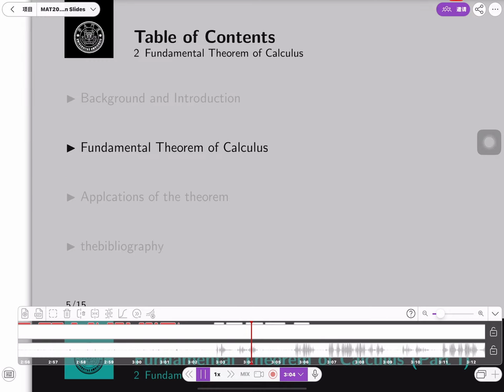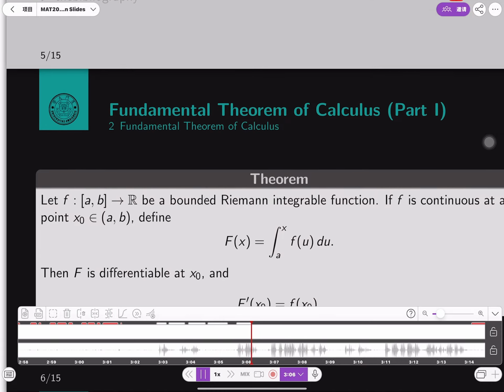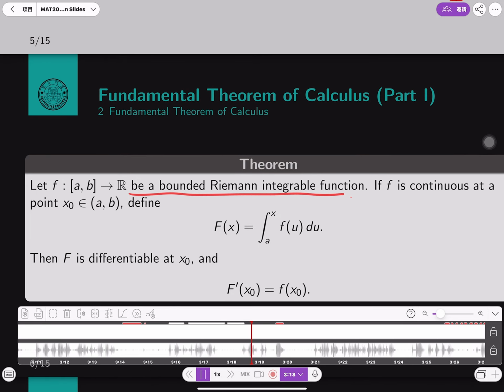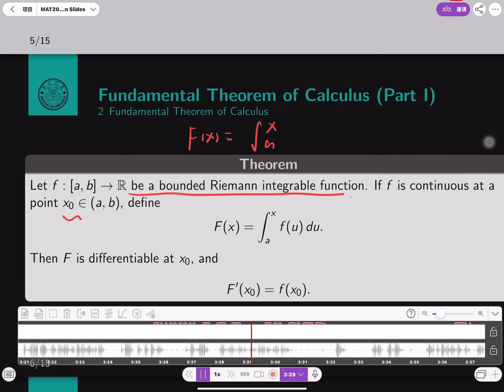Okay, next one. This slide states the fundamental theorem of calculus. Let f be a bounded Riemann integrable function. If f is continuous at a point x0, where x0 belongs to the interval [a, b], define big F(x) equals the integral from a to x of f(u) du.